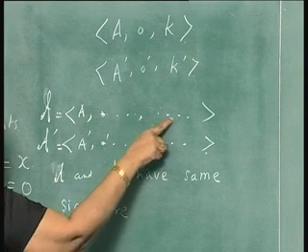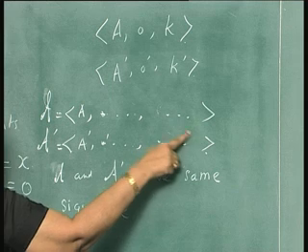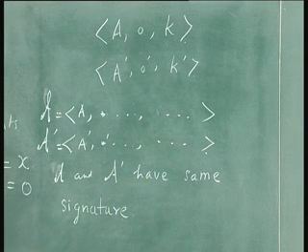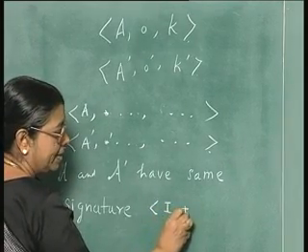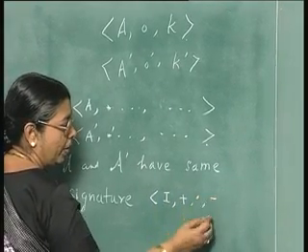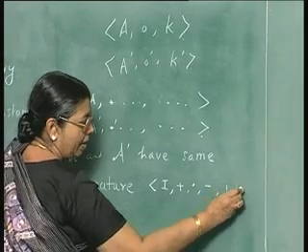Then if you have some constants, the same number of constants you must have. The number of constants should be the same. For example, if you take say the integers, plus, dot, unary minus, 1, 0.